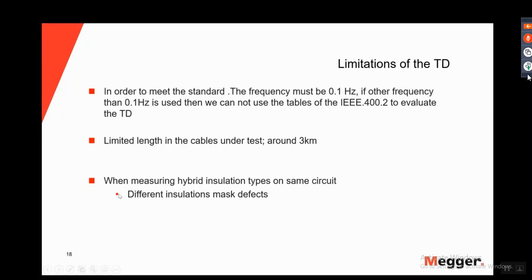Another major factor is measuring hybrid insulation types on the same circuit, i.e. you have some EPR, some PILC, maybe some XLPE, and you've tied that in. The different insulations will mask the defects depending on what insulations you have in that circuit. These are the limitations of all tan delta values. And of course, if you're not using the 0.1 hertz and the 3 steps, there's no table to compare to.